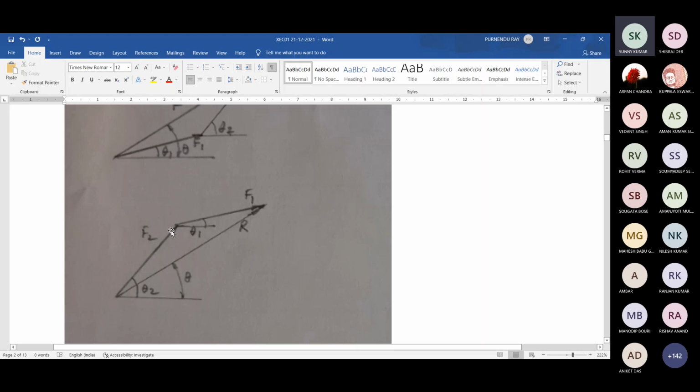One radius will be this length, other radius will be this length. Draw these two arcs, get the point of intersection, then join this point of intersection of these two arcs with the terminal points of the first line. That's all. Next thing, suppose this line is given and this line is given, the length. Suppose this is 70 millimeter and this is 50 millimeter. Now can you draw a triangle?